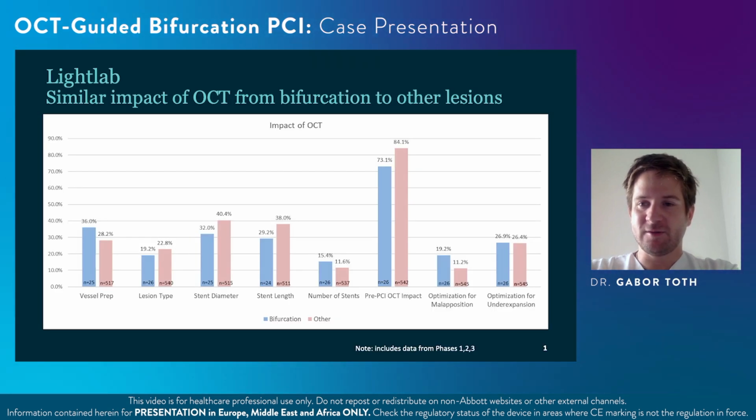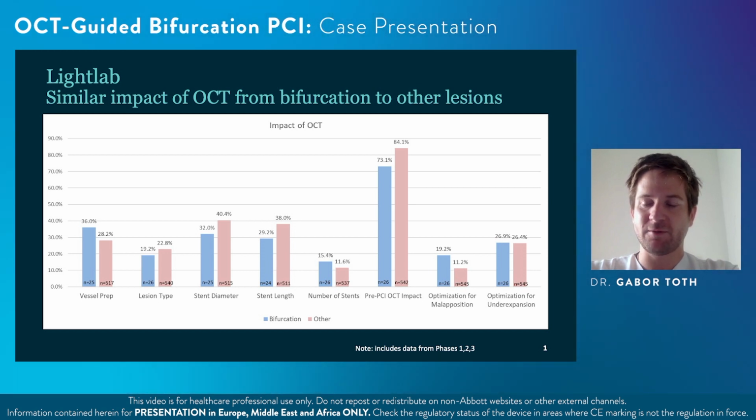As shown in this slide, which comes from the LightLab data, LightLab was actually a project by Abbott where, in selected hospitals, very systematic use of OCT was done during all kinds of procedures, following very strict rules or guidelines on how to do it and how to react to different findings.